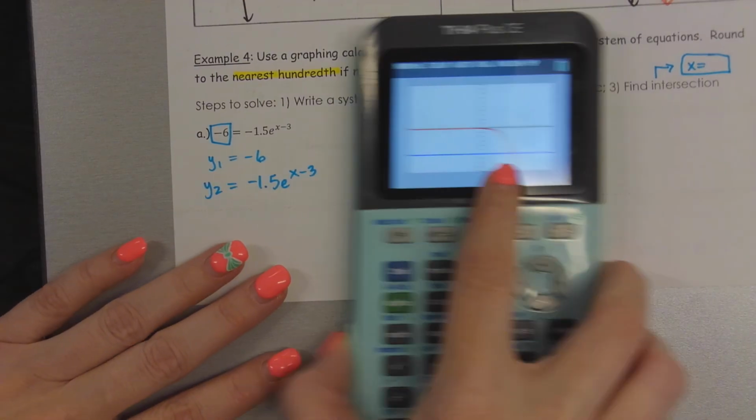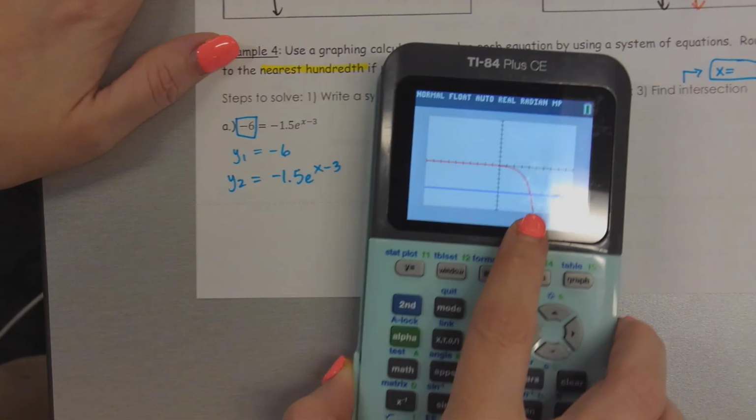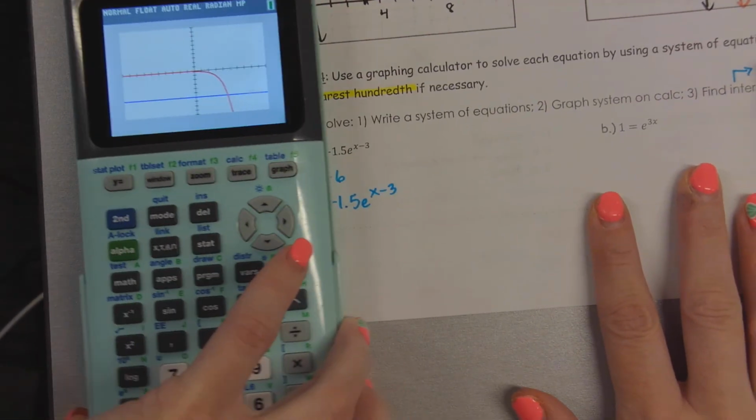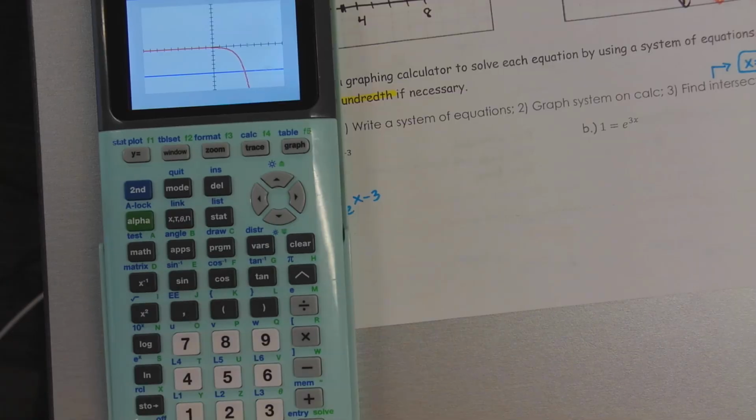All right, so this one you should be able to see it in that standard 10 by 10 window. Okay, so we just used the intersect feature. Do we need another tutorial or are we good?